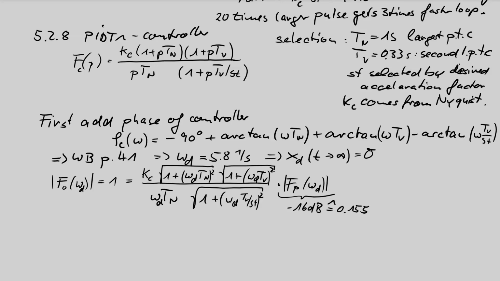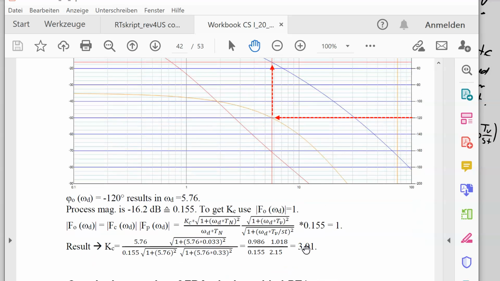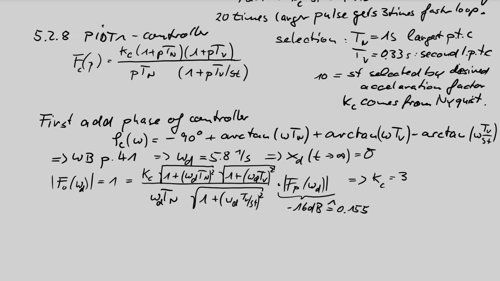Of course, step depth is selected as 10 in my application. All these values are known, so we can solve this for Kc. In my paper, I have calculated a Kc of very accurately 3. So we can simulate this controller now and check what happens with my result.